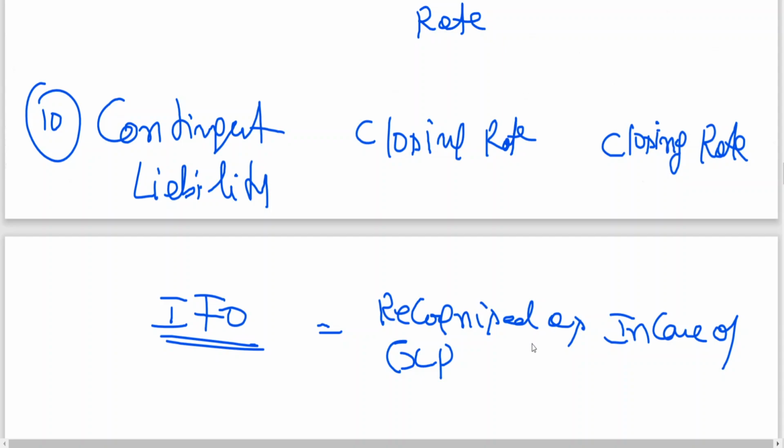And it will be shown in profit and loss account or statement of P&L. In the case of companies, we say statement of P&L, not account. Statement of P&L for the period in which they arise.